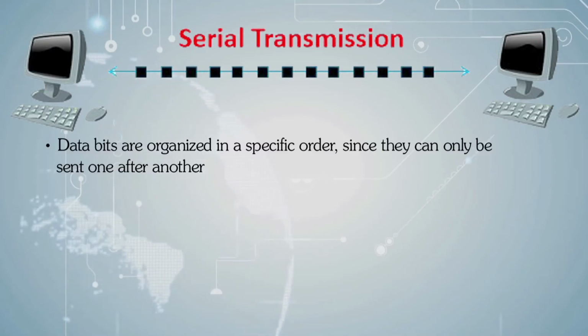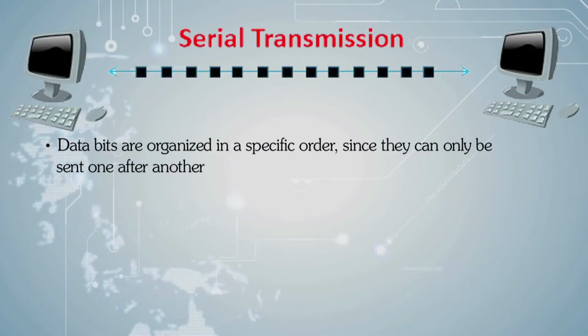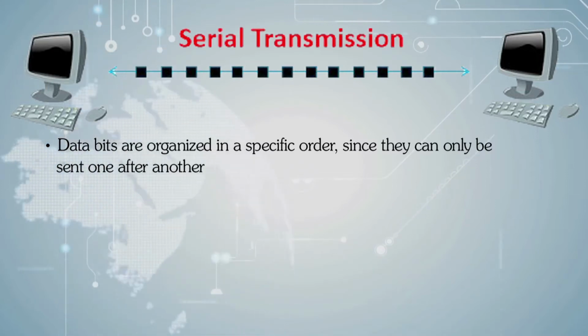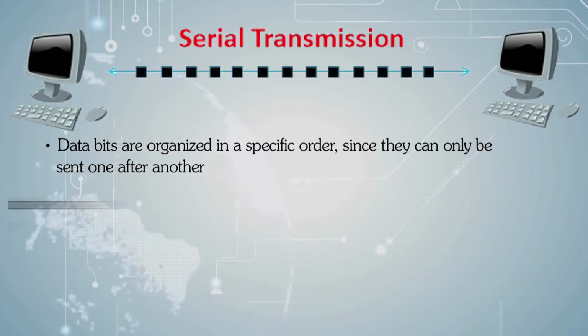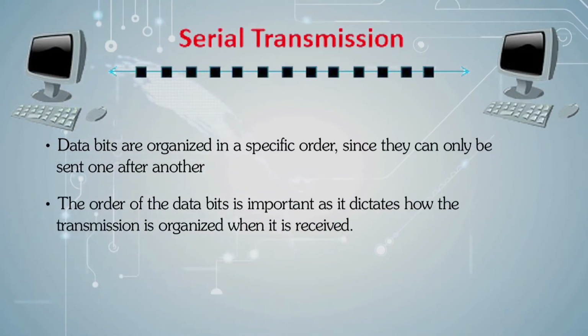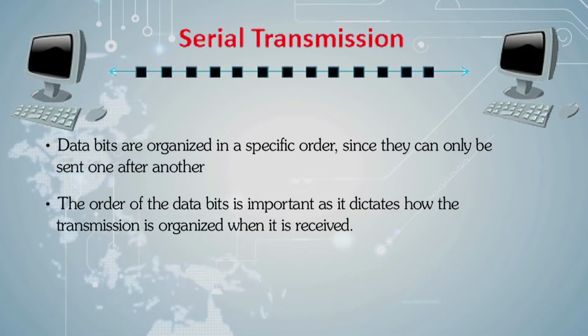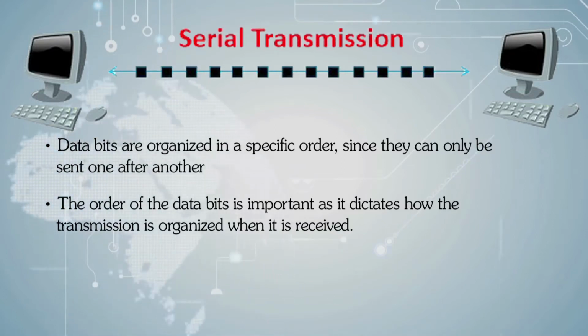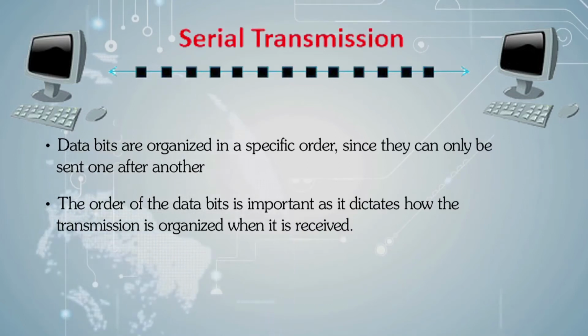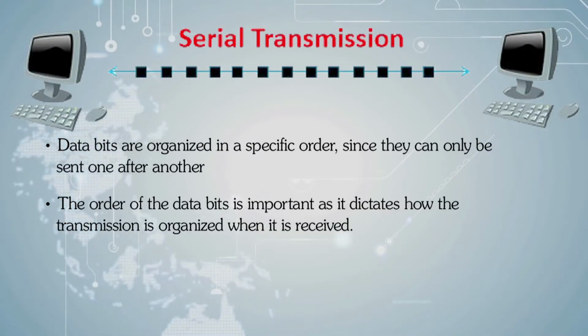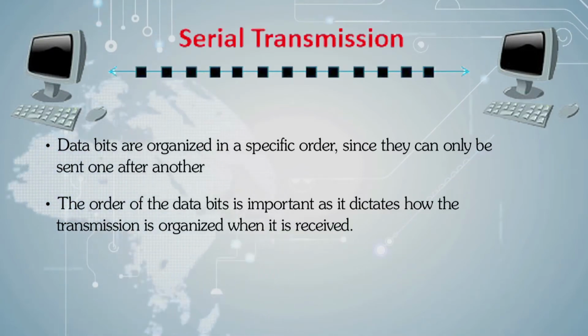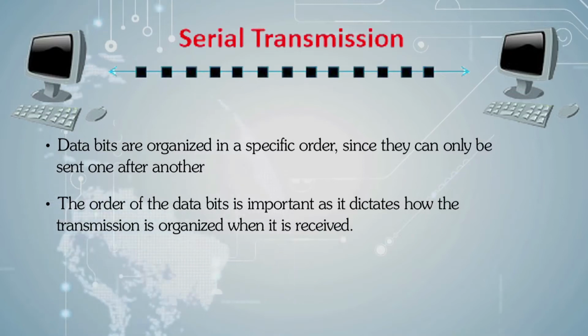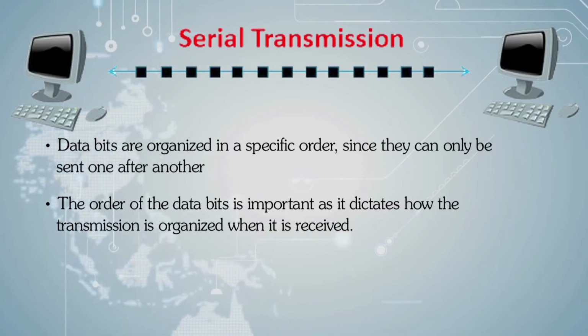Now data bits are organized in a specific order, since they can only be sent one after another. This point is important because this comes as a basic feature of data communication. The order of data bits is important, as it dictates how the transmission is organized when it is received. So basically the order of the data is important, otherwise it will not be interpreted correctly at the other side, or the meaning will be wrongly interpreted.